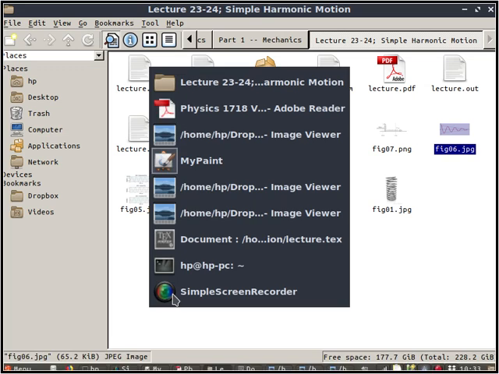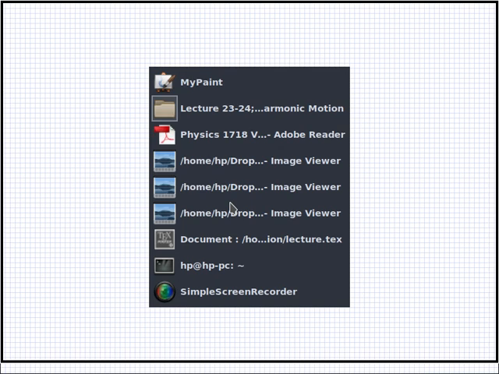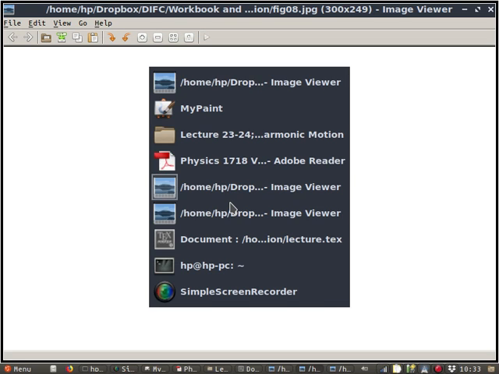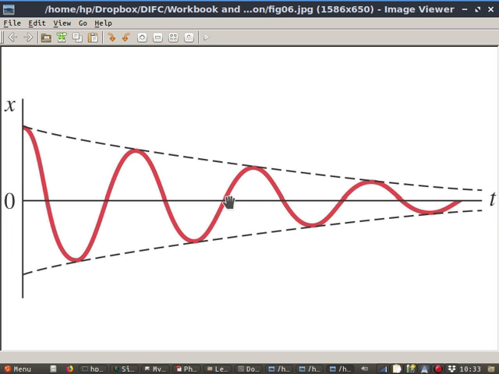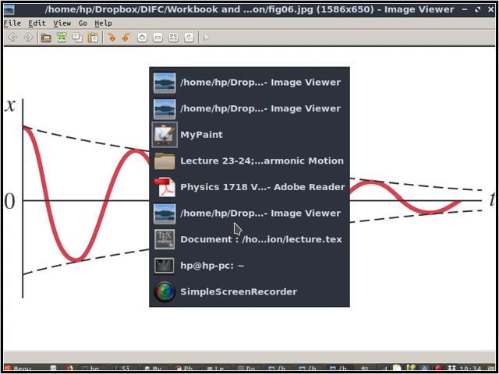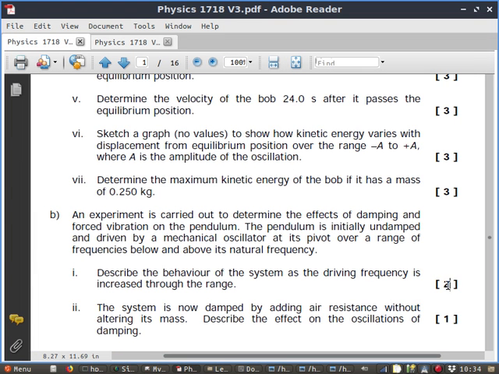So again, they just want the other picture, to describe it in words. So you can draw the picture and then describe it in words. The description is, as time passes, the amplitude will decrease until it reaches 0, until it stops. So both these questions are just asking you to describe those two graphs I gave you in the lesson.